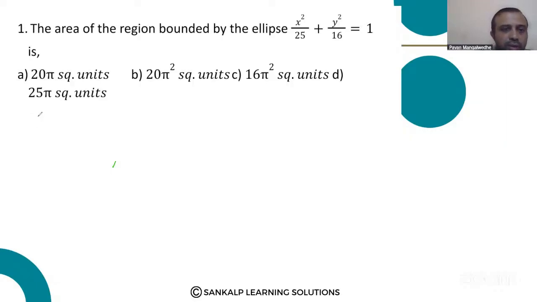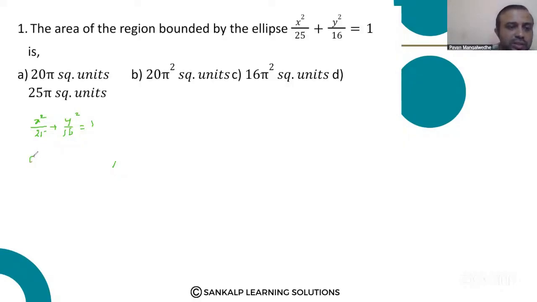As you all know, it is x square by 25 plus y square by 16 equals 1. Here identify a square and b square.